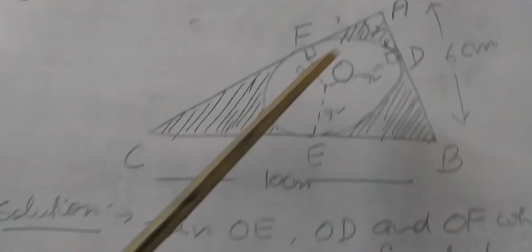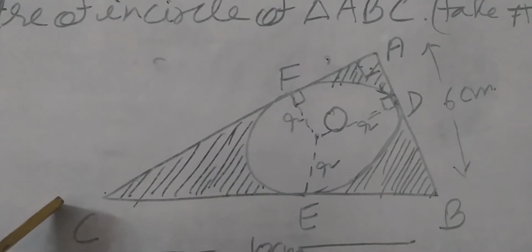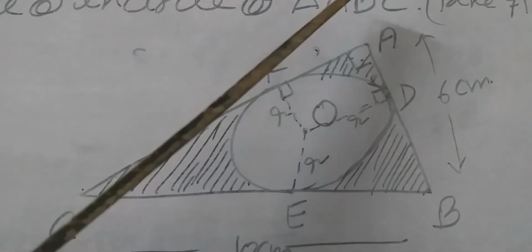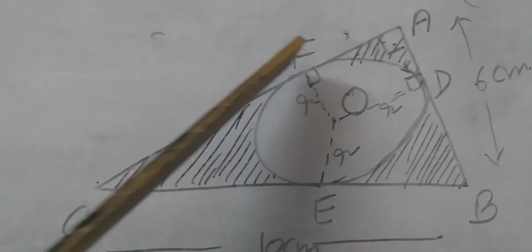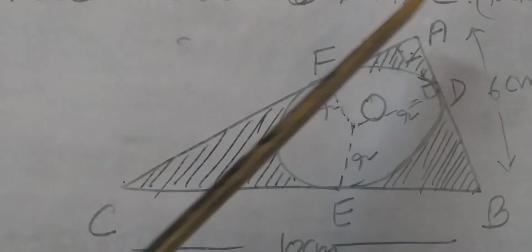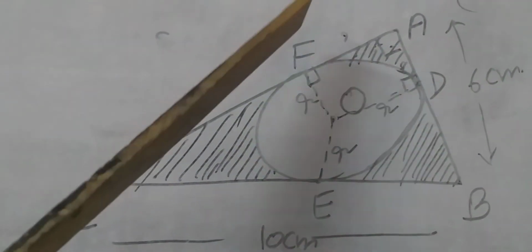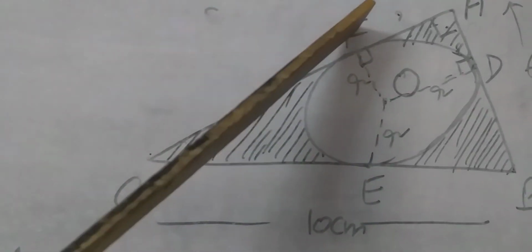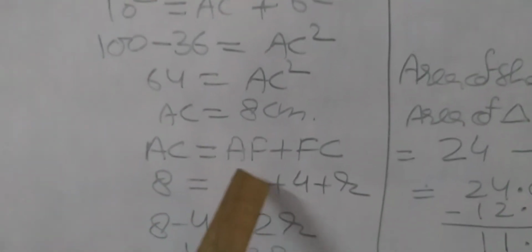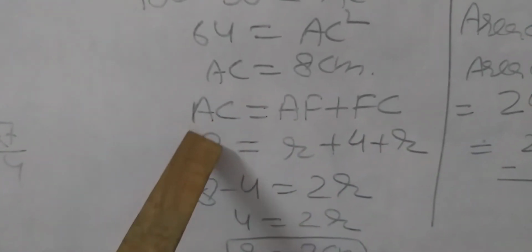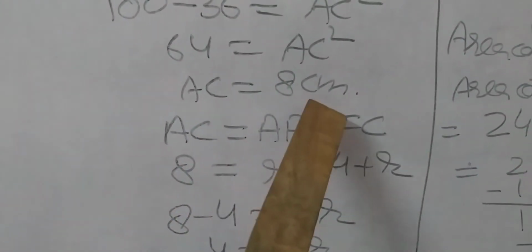So we have calculated, students, AC equals 8 centimeter, but AC equals AF plus FC. AF is R and FC we have calculated just now, 4 plus R. AC equals 8 centimeter, just calculated.